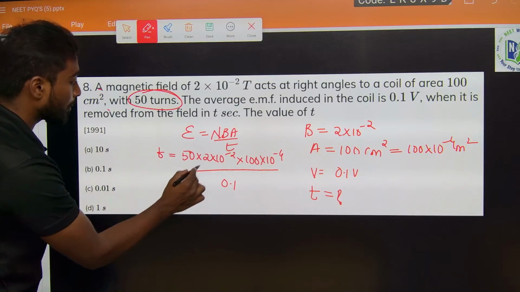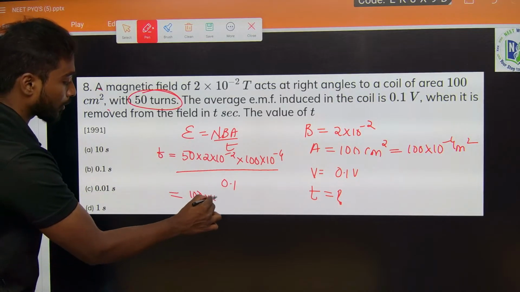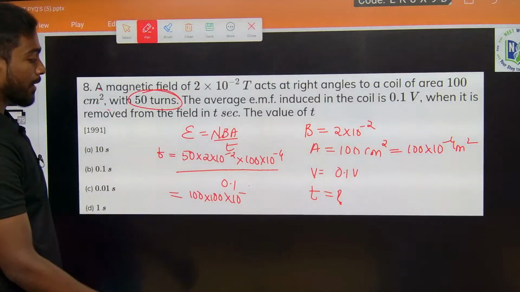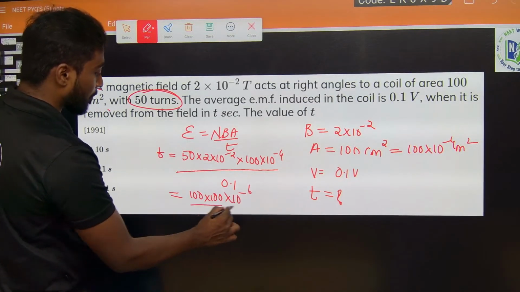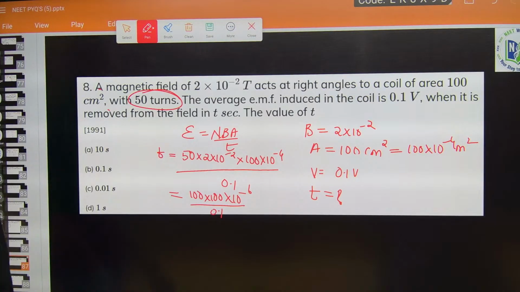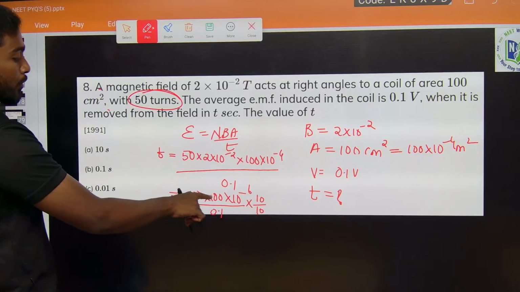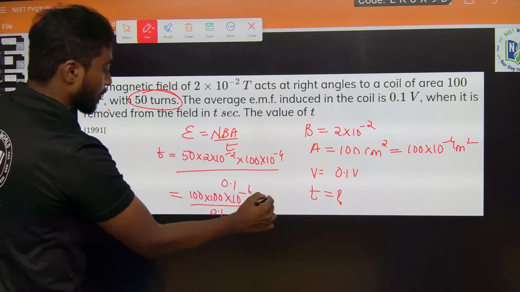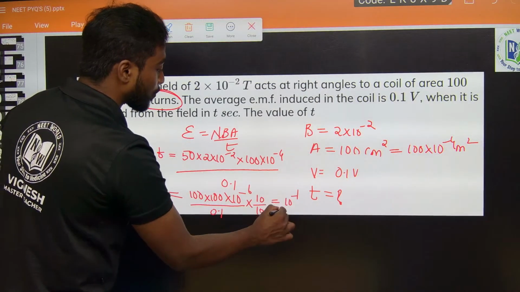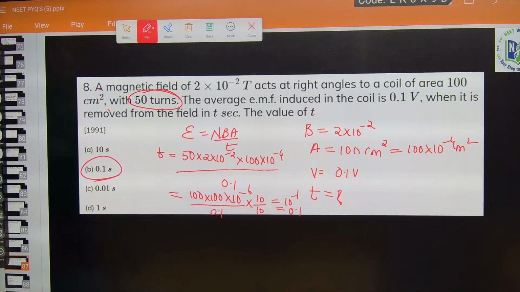So this will become 50 into 2 into 100 into 10 power minus 6, divided by 0.1. Into 10 by 10 I can write now, so 10 power 5, and 10 power minus 6 will become 10 power minus 1, which is equal to 0.1 second. So 0.1 second is the answer.